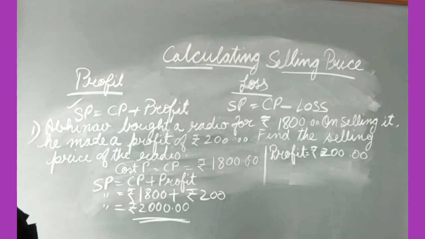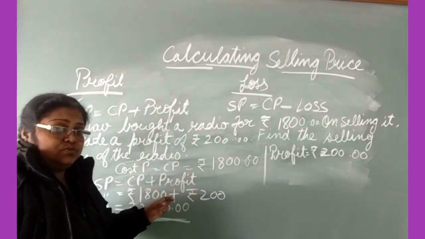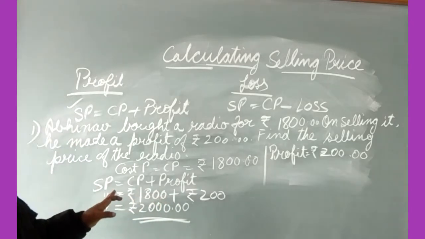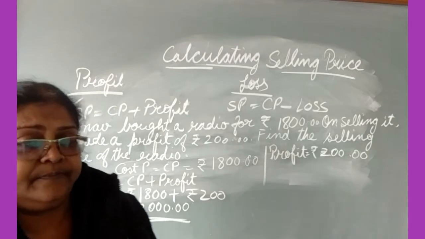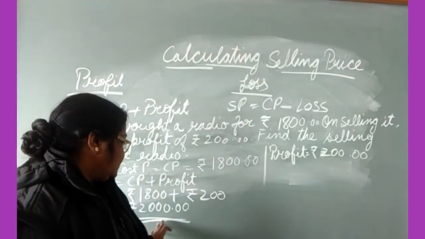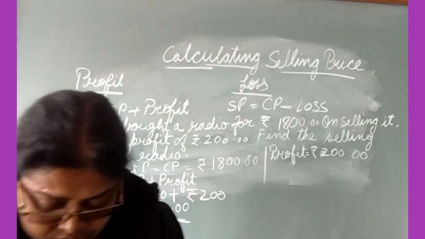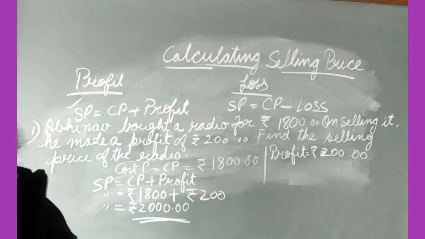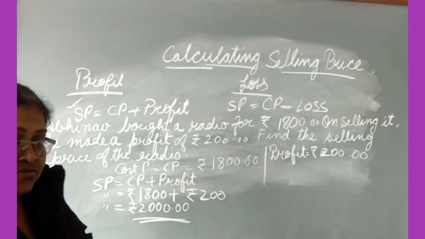Understood? Now what do you have to do? You have to add these two, rupees 1,800 plus rupees 200. When you add it, what answer will you get? Rupees 2,000. So the selling price of the radio was rupees 2,000.